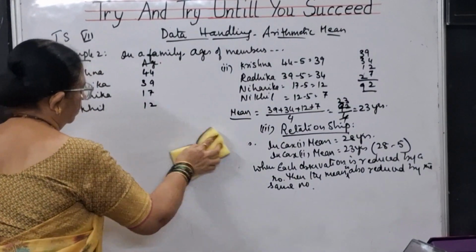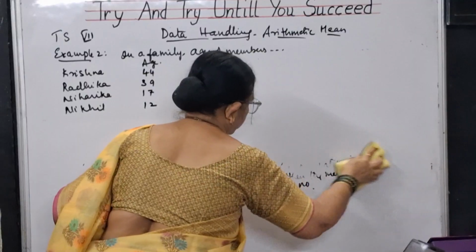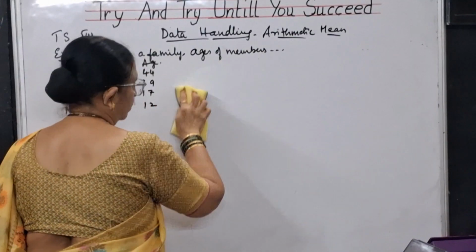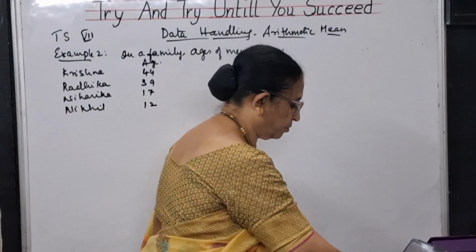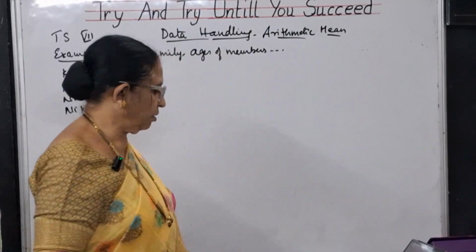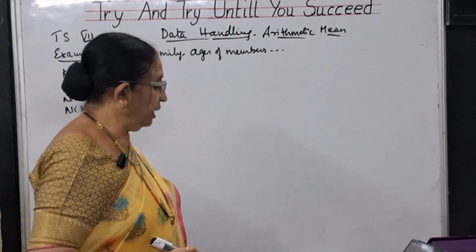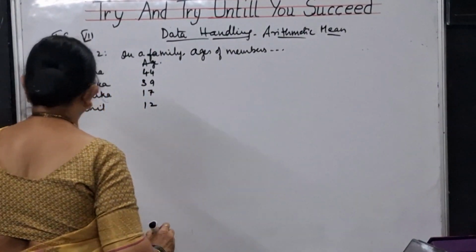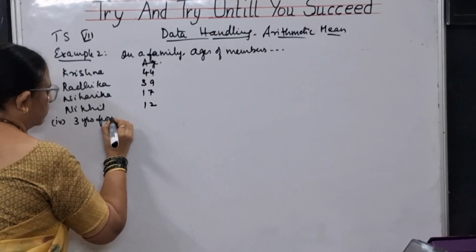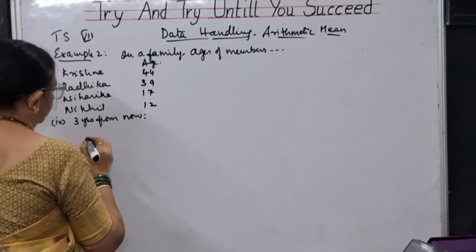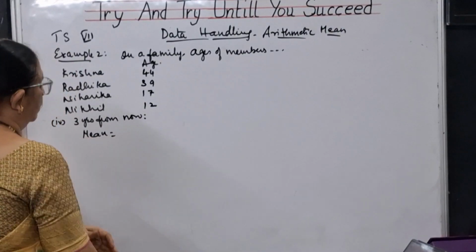Now, the problem still continues that on reducing the age of this I have done. Now calculate the mean of family 3 years from now. So I can consider this as the fourth bit. 3 years from now. So what is mean? From now 3 years means each age.